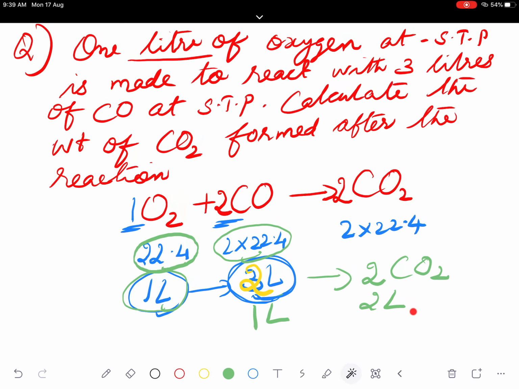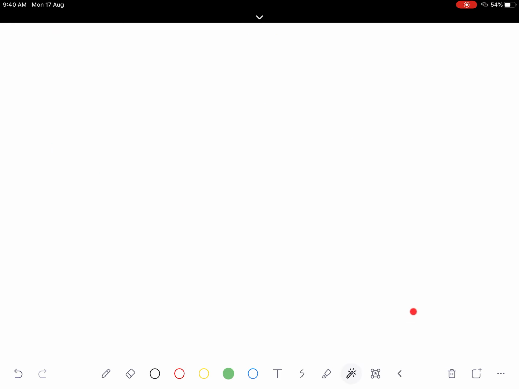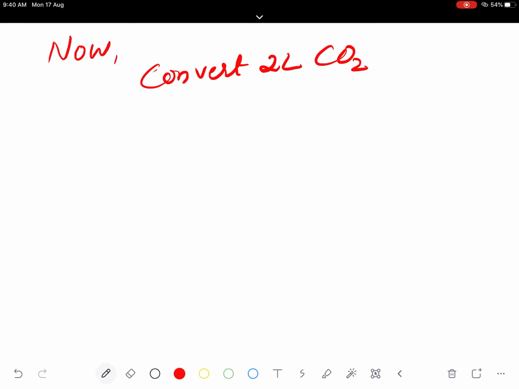Now convert 2 liters of CO2 into weight. We have to convert this much into weight.